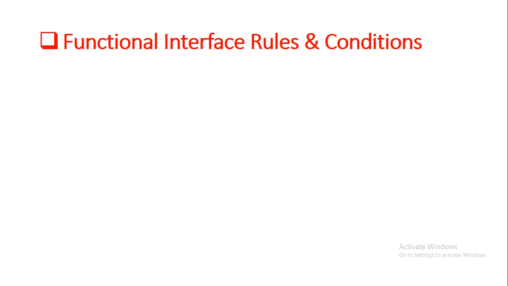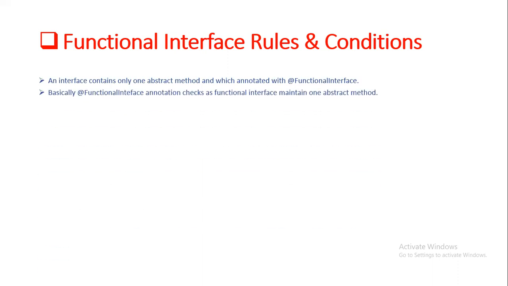So let's see. A functional interface means an interface that contains only one abstract method and is annotated with @FunctionalInterface. Already we knew this point, right? And the second point: the @FunctionalInterface annotation checks at compilation time whether the rules are being followed or not.